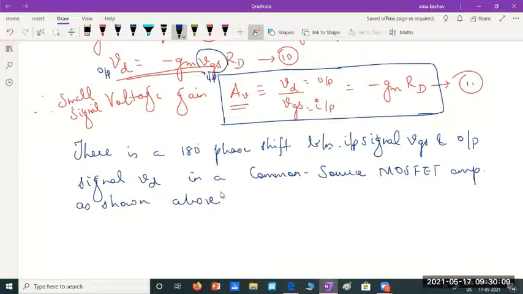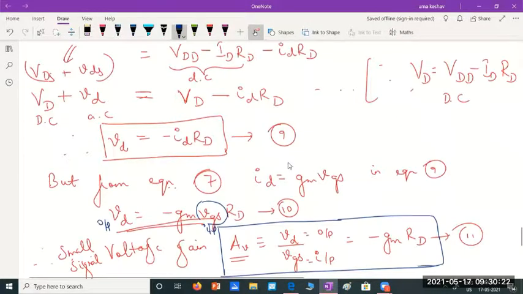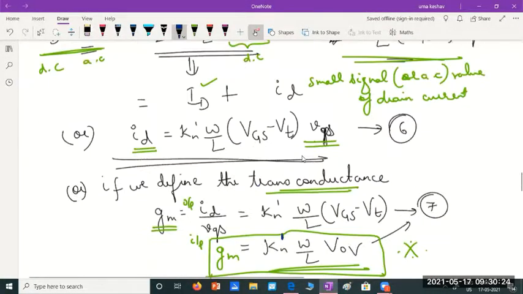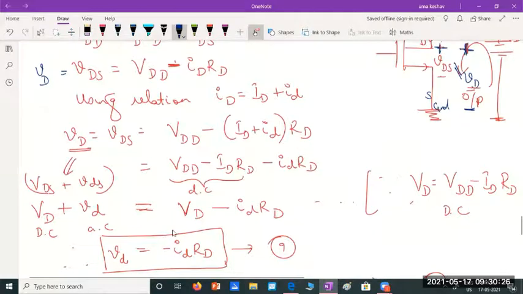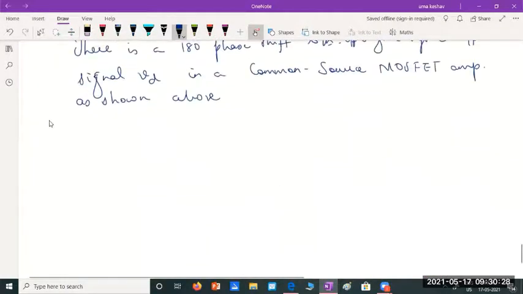So please remember, a common source MOSFET amplifier always exhibits a phase inversion between input and output signal. We have already drawn that. Just to reiterate, I'll draw it again here.